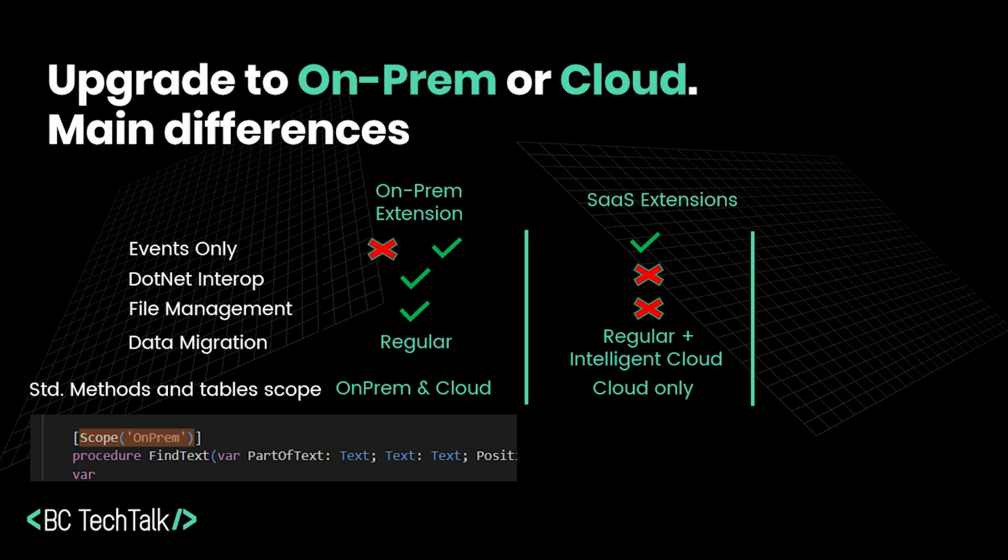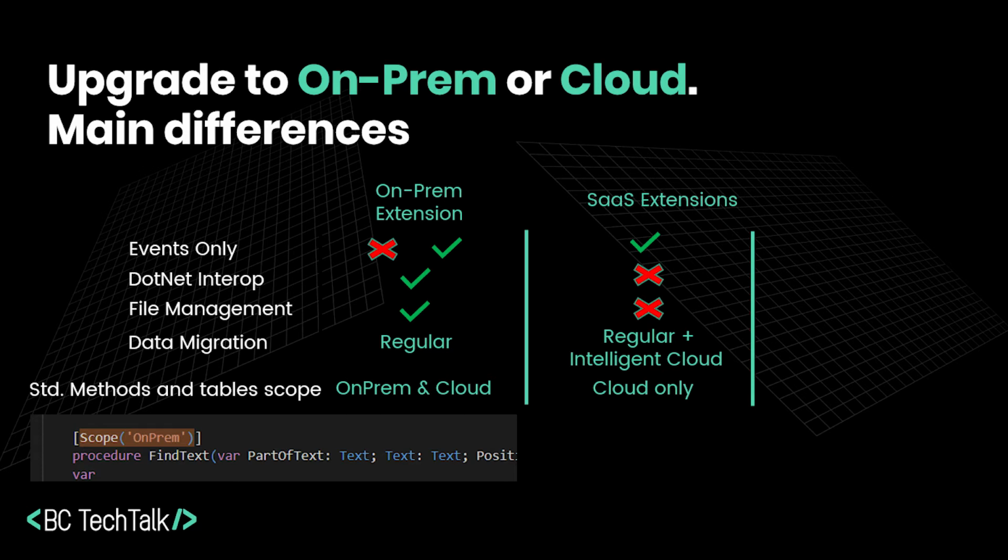Right, so upgrading to on-prem and cloud. What are the differences between those upgrades, and why will the evaluations have a huge difference in hours between the two target versions? If we're talking about the main differences which cause the hours fluctuation, the first one is the events.